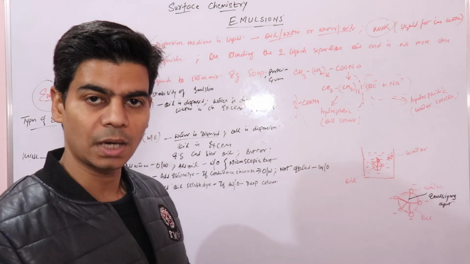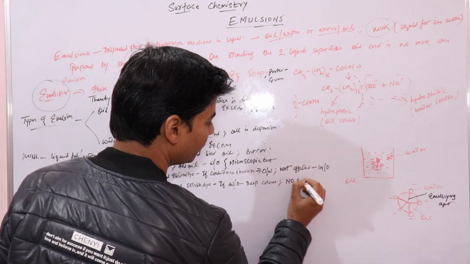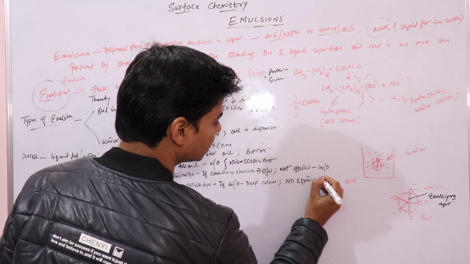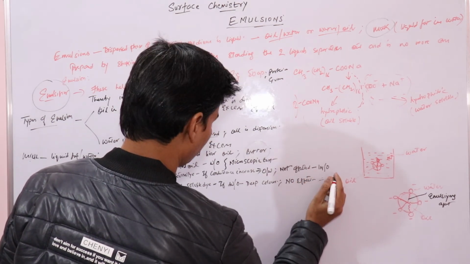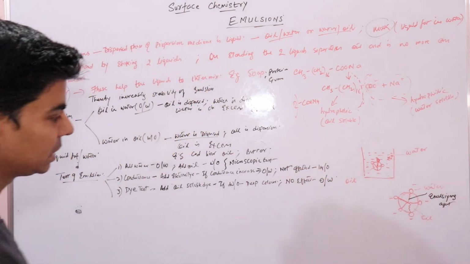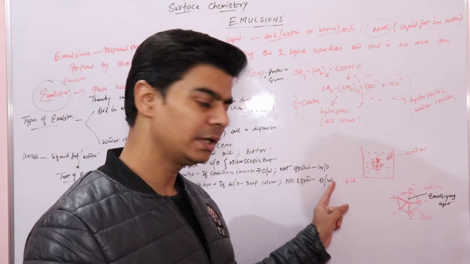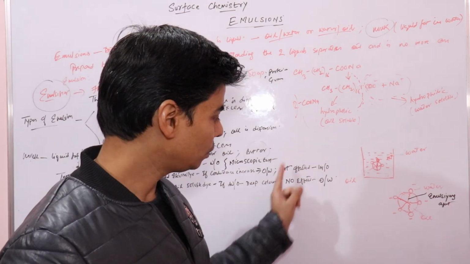And if the color is not impacted, if there is no effect, it means it is an oil in water emulsion, right? Because the dye is insoluble in water, and water is in excess in an oil in water emulsion, so no effect.